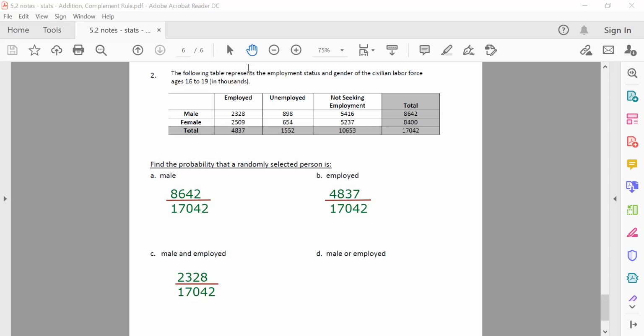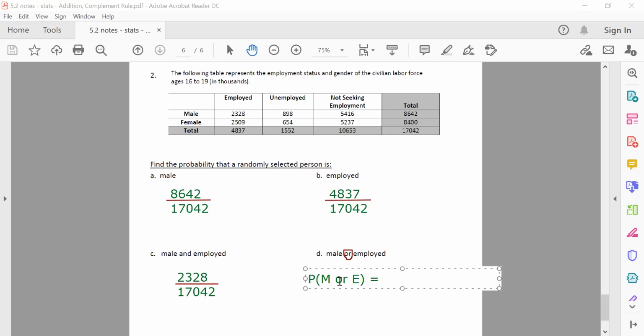But now this last one, we have the word or in there, and maybe there's a little trick you can do so you don't have to necessarily use that or formula. I'm not going to try and bypass that. I want the probability of getting a male or an employed person, and it doesn't matter what the context is.